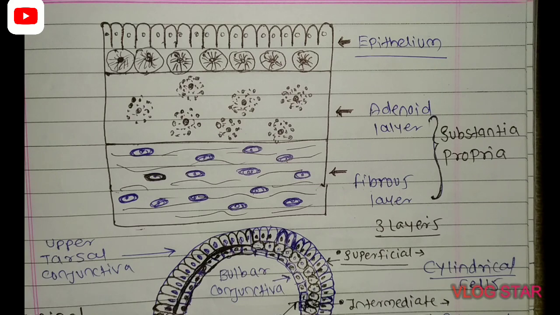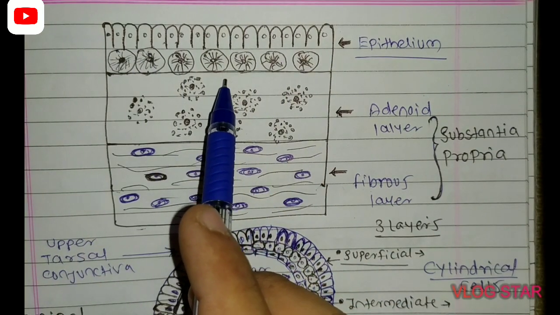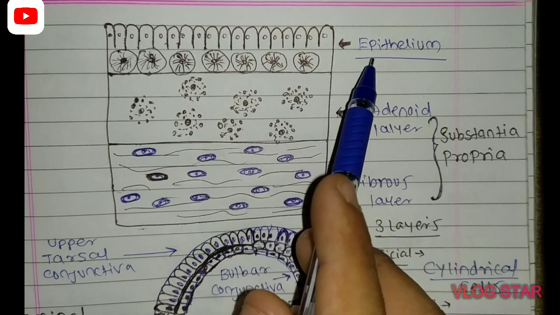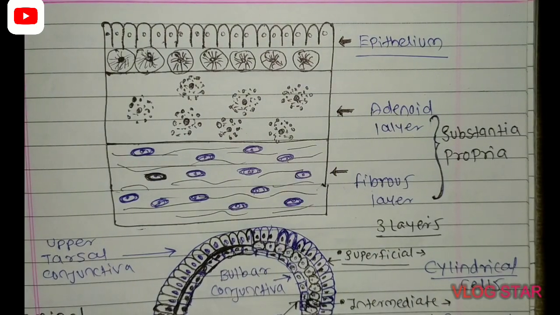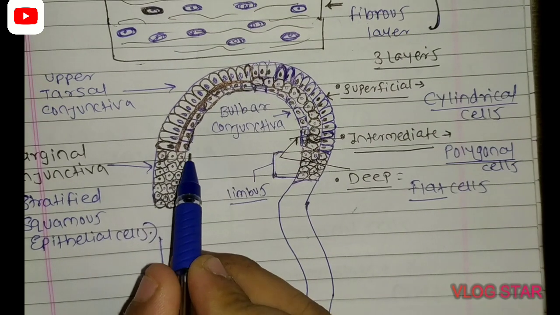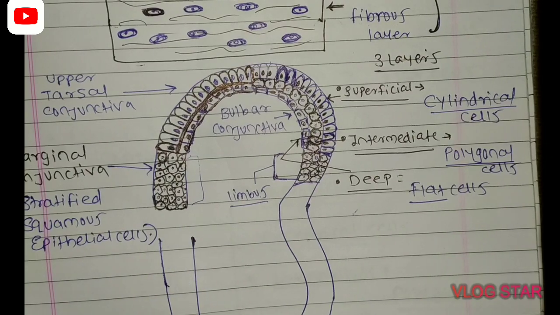All parts of the conjunctiva contain different types of epithelium. So this is a simple epithelium, but each and every other part of the conjunctiva contains a different type of epithelium. We will see in the diagram, this is the marginal part of the palpebral conjunctiva.